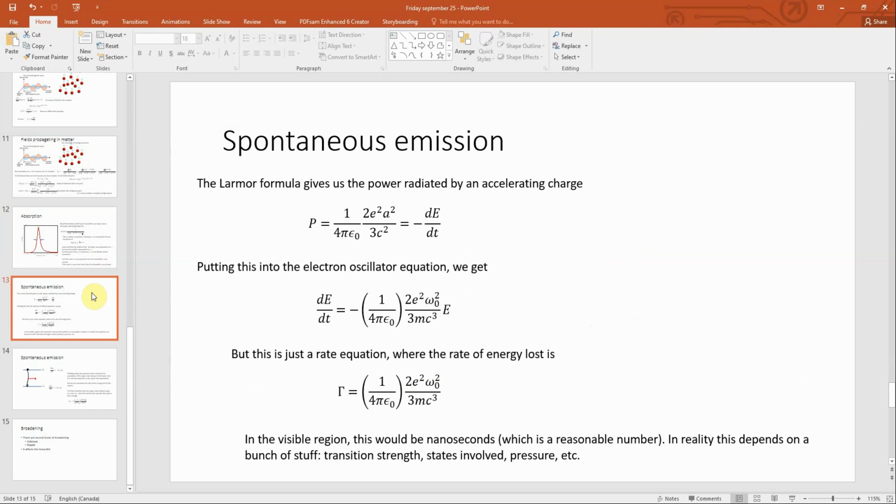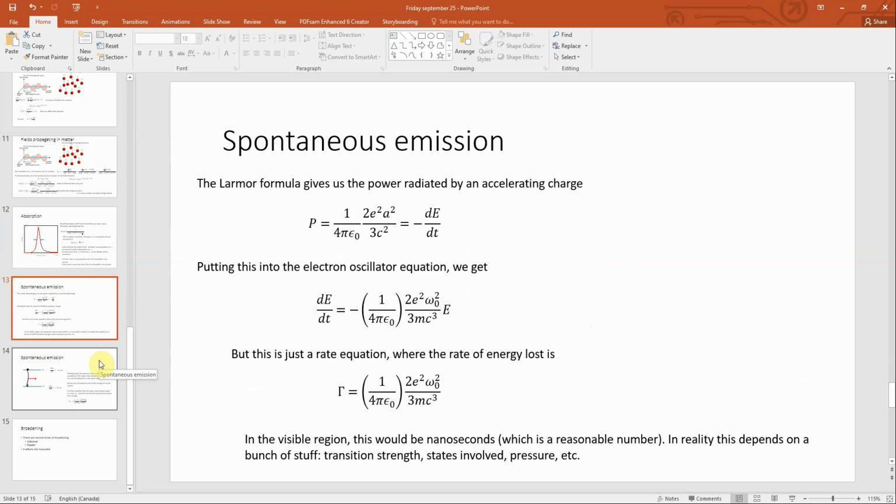Okay, so to finish off this section, we'll be talking about spontaneous emission. The Larmor formula is the equation that gives us how fast energy is dissipated by an accelerating charge.